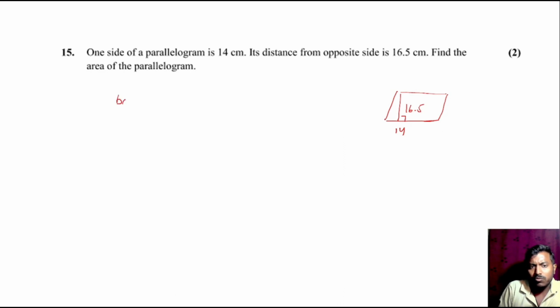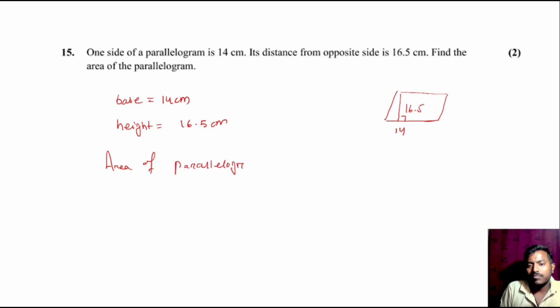So base equal to 14 centimeter and height equal to 16.5 centimeter. Now find the area of the parallelogram, which is base into height. Now put the values, that is 14 into 16.5.